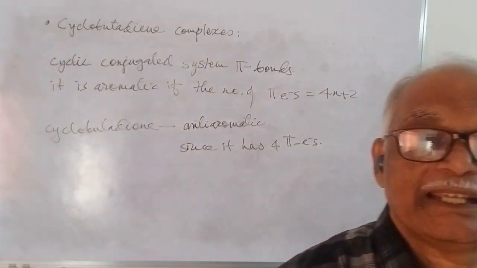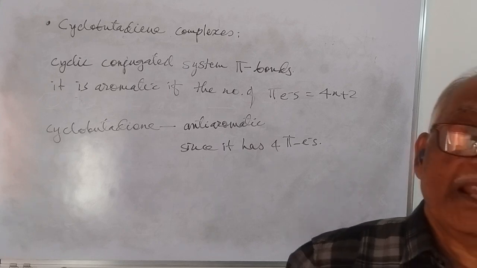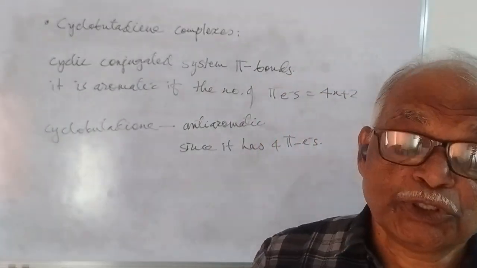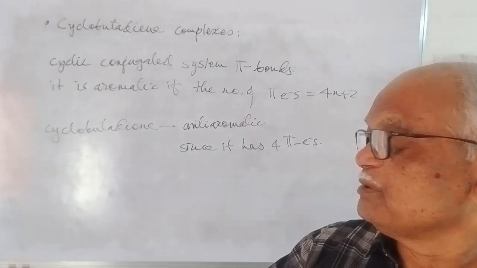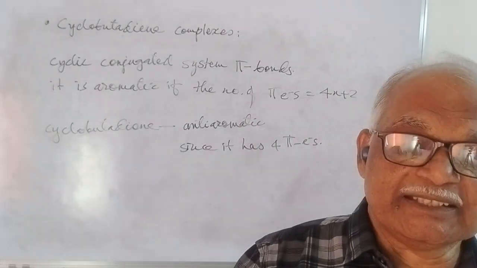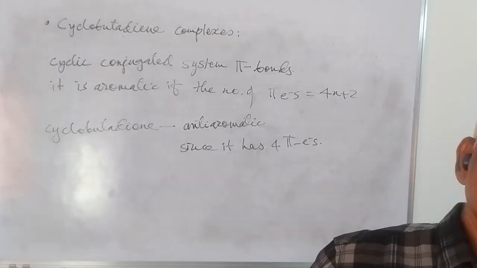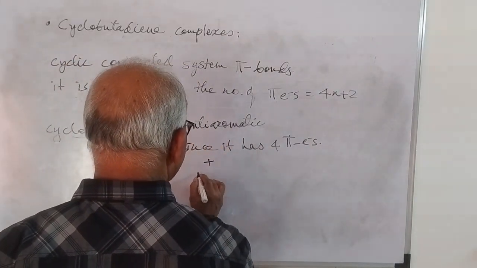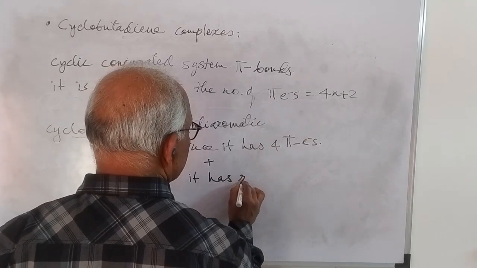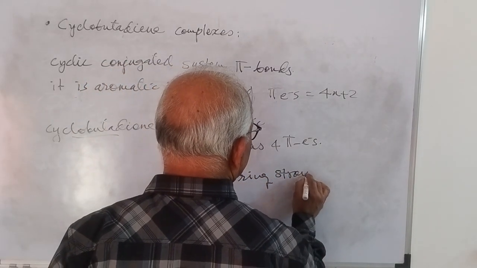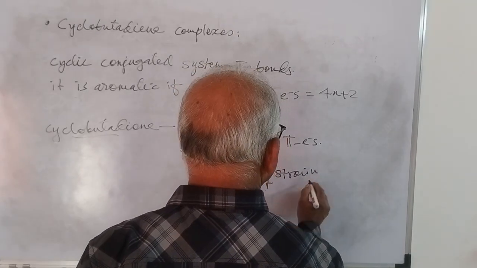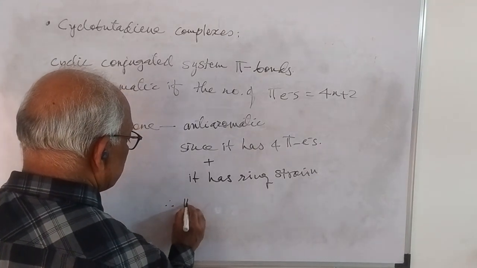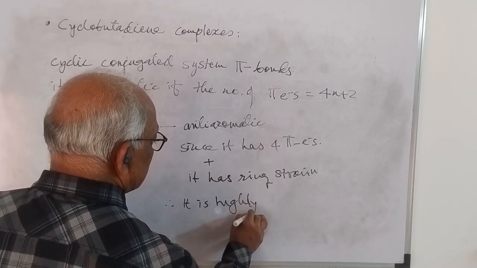In the case of cyclobutadiene, there are two important features: it is anti-aromatic, and in addition to this, it has ring strain. Therefore, it is highly unstable.